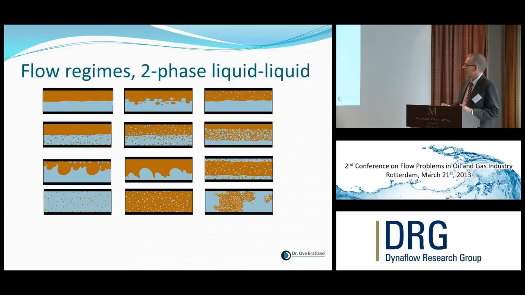For instance, if you look at two-phase liquid-liquid flow, there are many more combinations that actually exist in real flow than any simulation software talks about, simply because they have to simplify to make it more or less manageable. But then at the same time we have to accept, okay, then it won't be 100% accurate, of course not, because we have ignored some of the potential ways in which the flow can exist inside our lines.